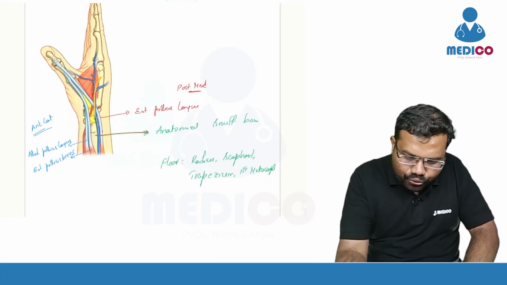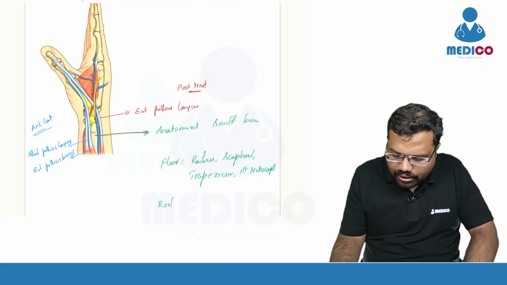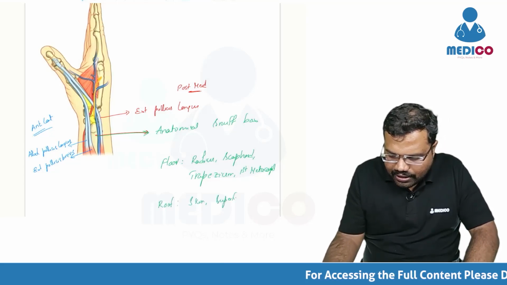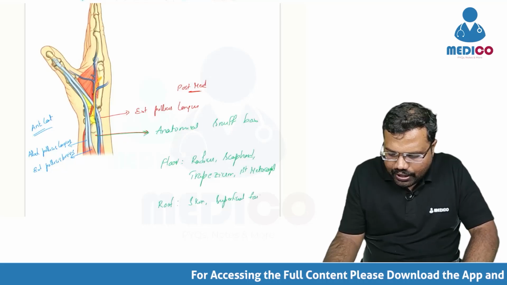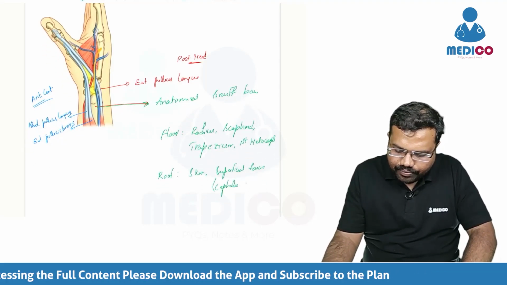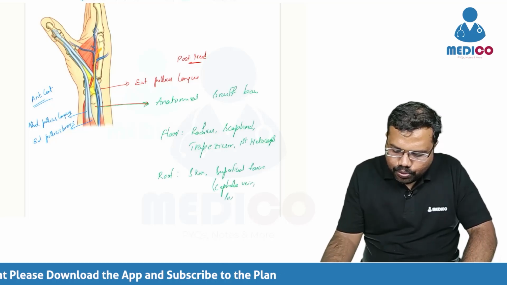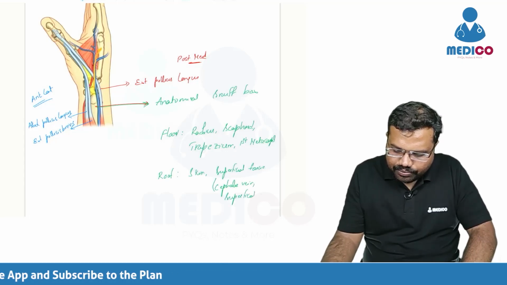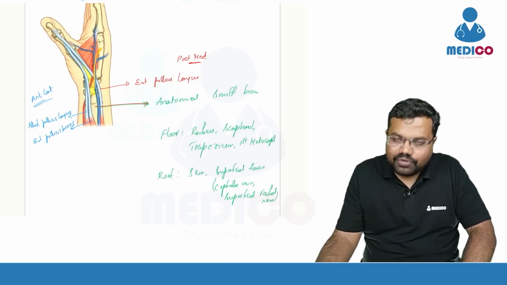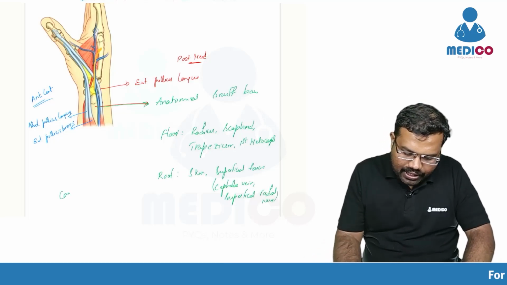Whereas the roof is formed by skin and superficial fascia, and in the superficial fascia we have two structures: the cephalic vein and the superficial branch of the radial nerve. This is the roof. And finally the content.